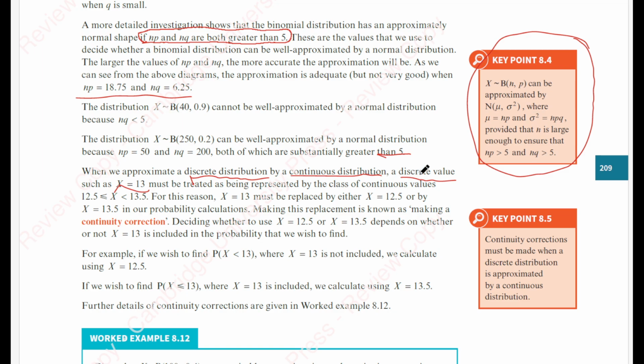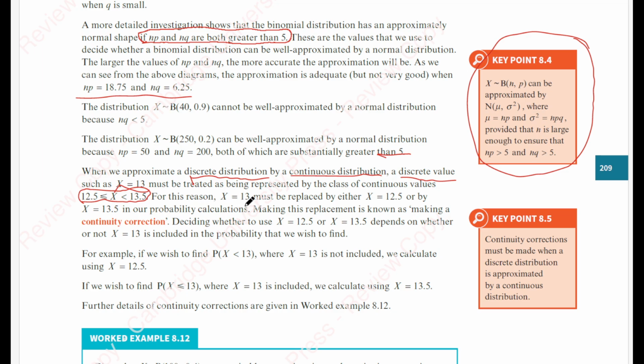So you need to introduce a class. If you have a normal distribution, you take the class from this number minus 0.5 to this number plus 0.5. So this will be the class: x is greater than or equal to 12.5, but x is less than 13.5.